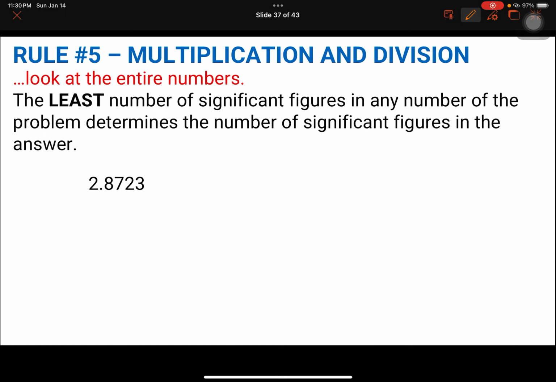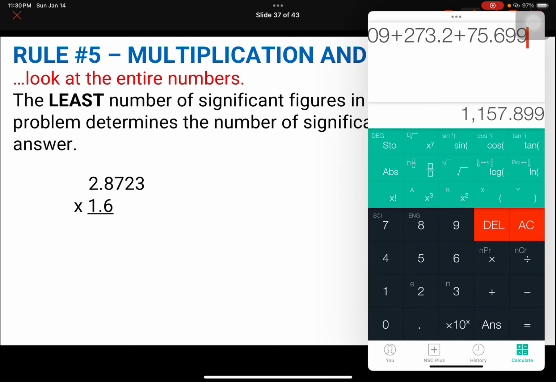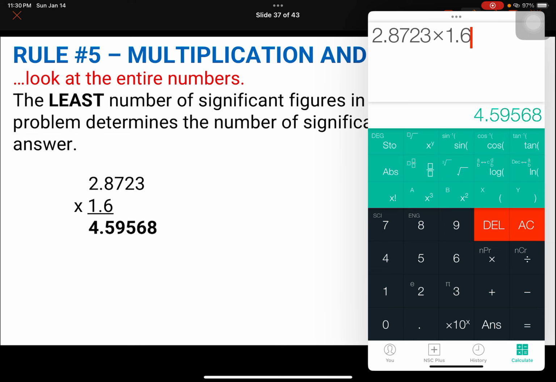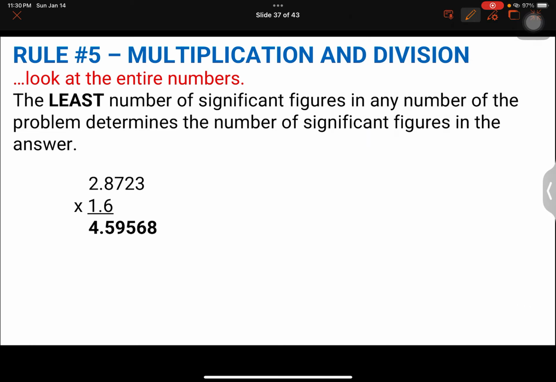For example, we have 2.8723 times 1.6. So, let's compute. 2.8723 times 1.6. So, we will get 4.59568. So, checking this, alin ba ang may pinakamababang significant figures?